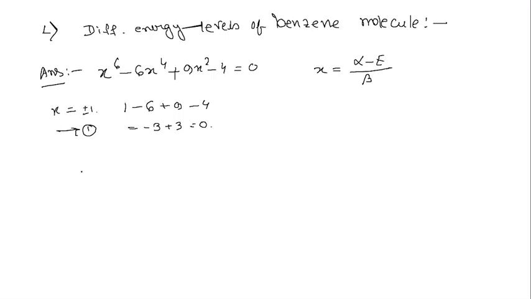One solution is x equals plus or minus 1, and it is satisfying. Now for getting the other x values, I am dividing by x minus 1.